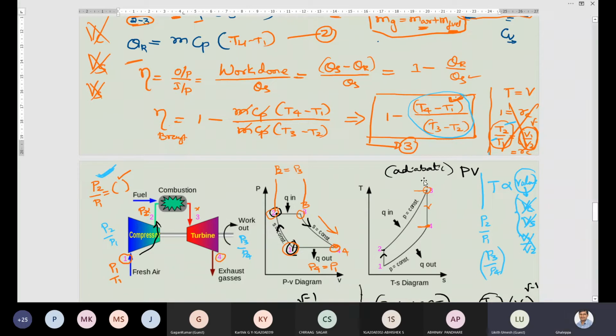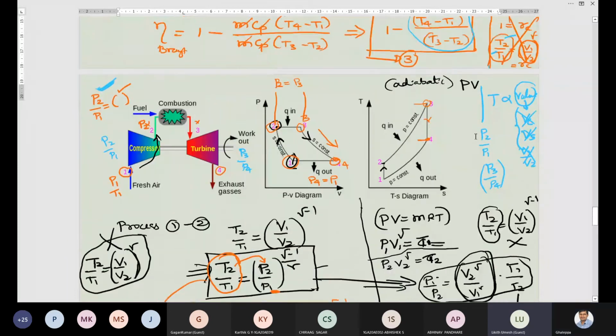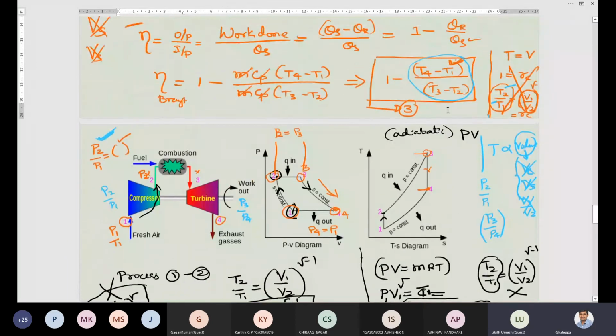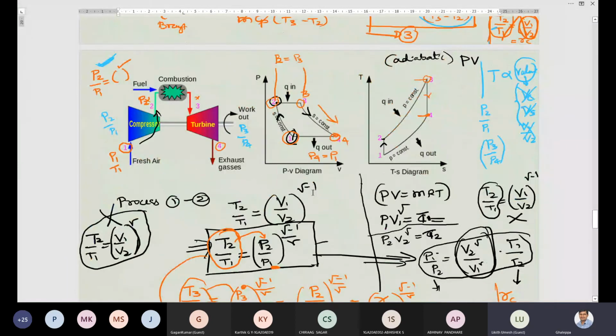So don't waste your time converting temperatures into volume. That is for air standard cycles, that is for the dual cycle, diesel cycle, and Otto cycle, because we know clearance volume will be given, stroke volume will be given, or compression ratio will be given. In that case, we use such conversions and correlations. But here we cannot. So now, conversion of temperatures to pressure ratio.